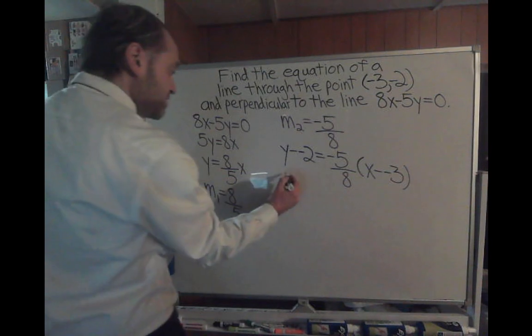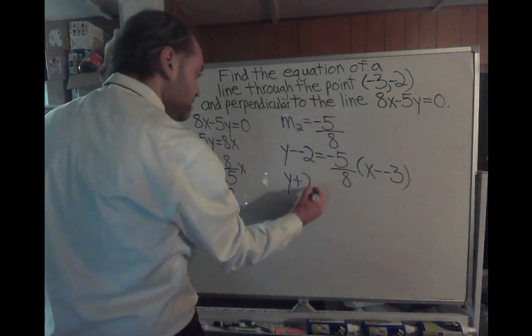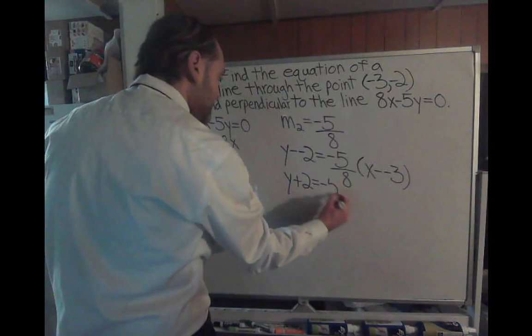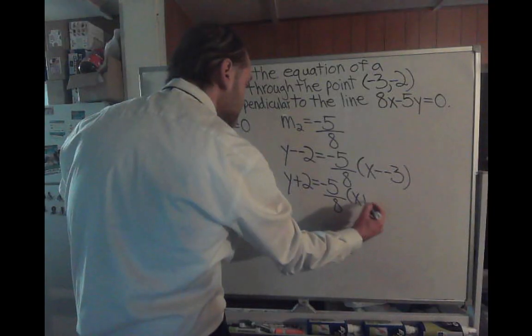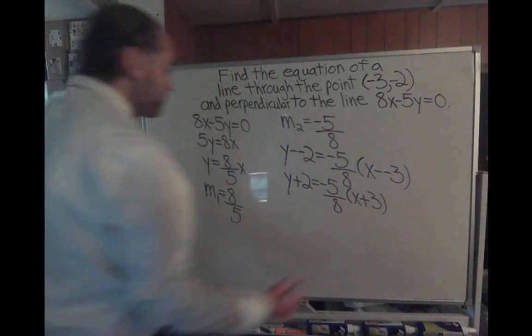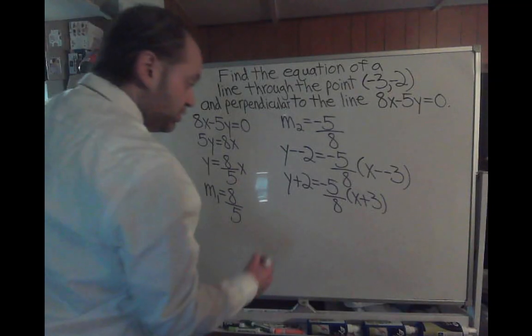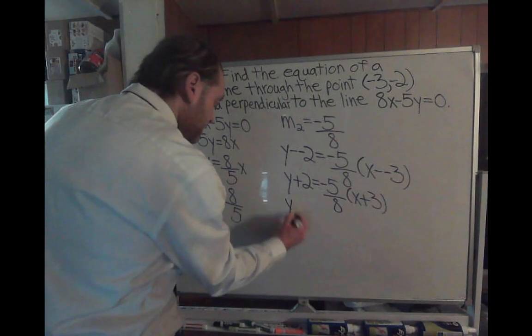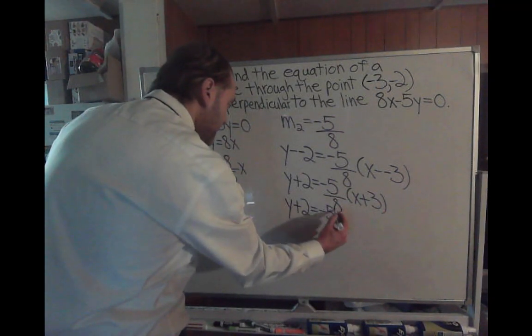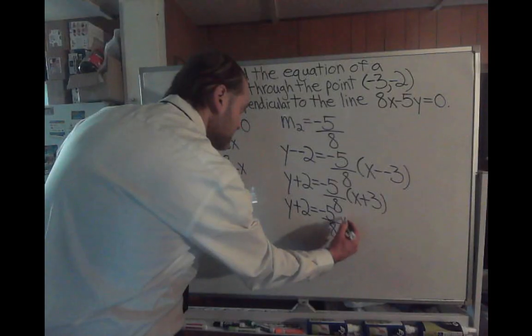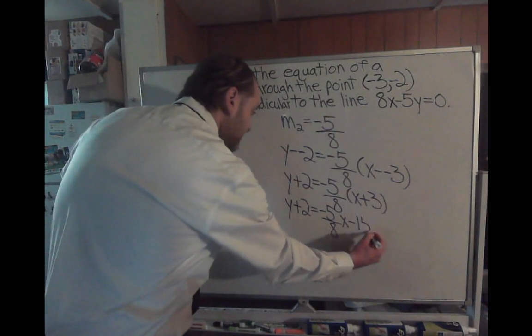So this would turn into y plus 2 equals negative 5/8 times the quantity of x plus 3. So then you would end up having y plus 2 equals negative 5/8 x minus 15/8.